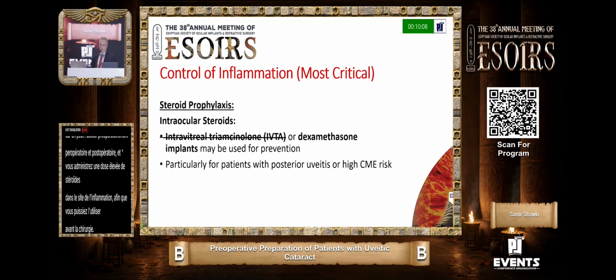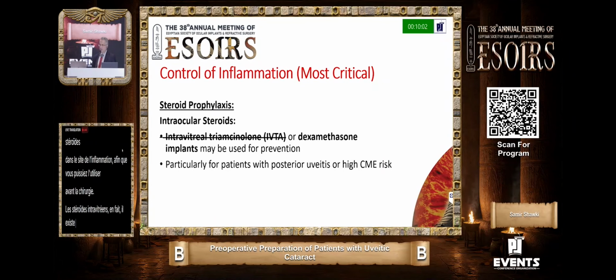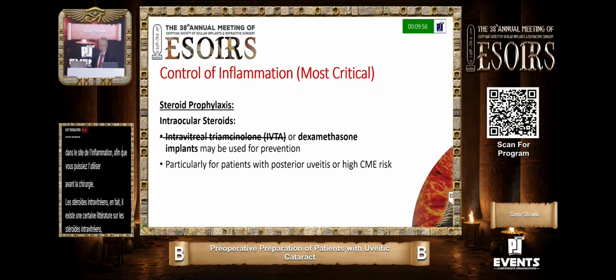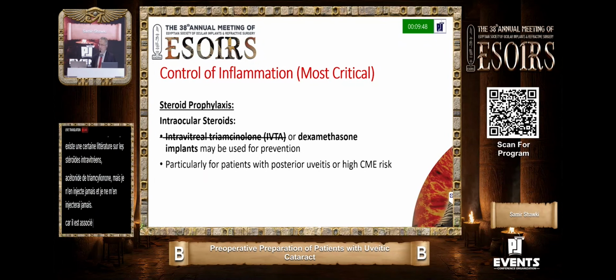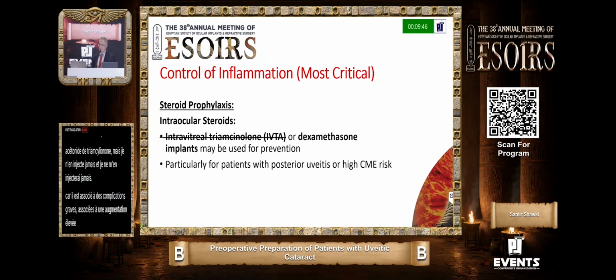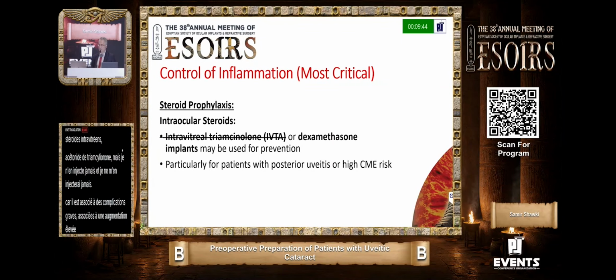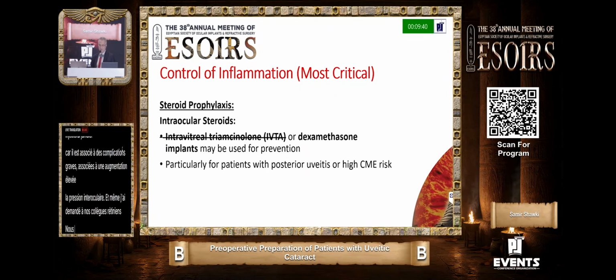The intravitreal steroids. In fact, there is some literature about intravitreal triamcinolone acetonide, but I never inject, and I will never inject, because it is associated with severe complications, with a high increase in the intraocular pressure. And even I asked our retina colleagues, they are not using intravitreal triamcinolone injection for control of inflammation.